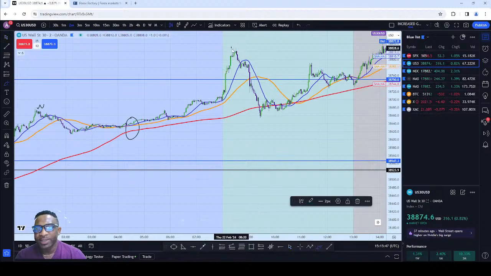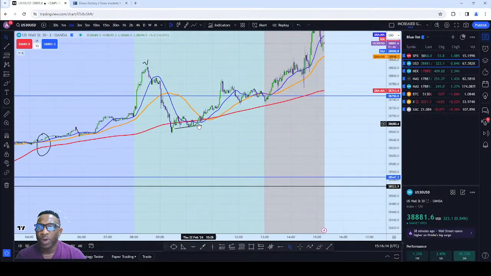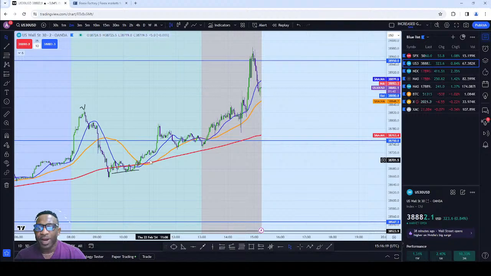From this wide state, price made its way back to the 200 moving average, where all the four tools, the price and the three moving averages, met together again, and then from there price moved back to the wide state. It began its wide state from the narrow state. So currently we have price all the way up here.